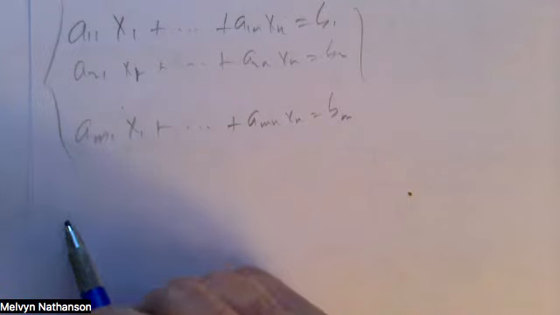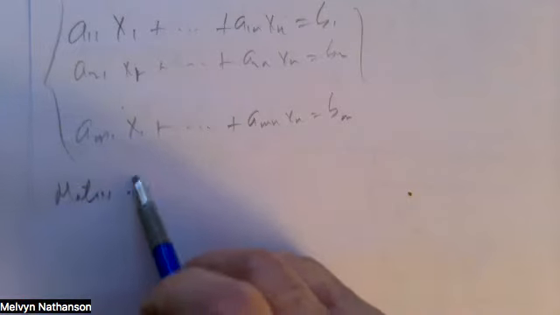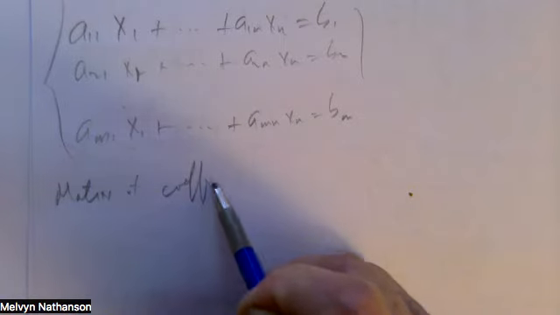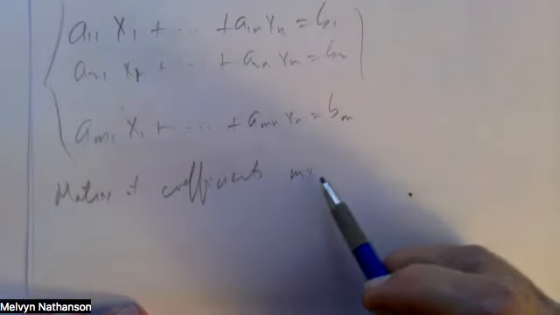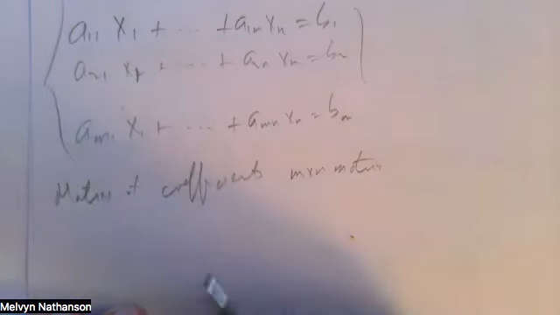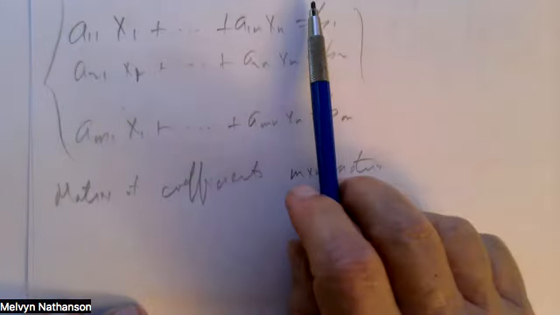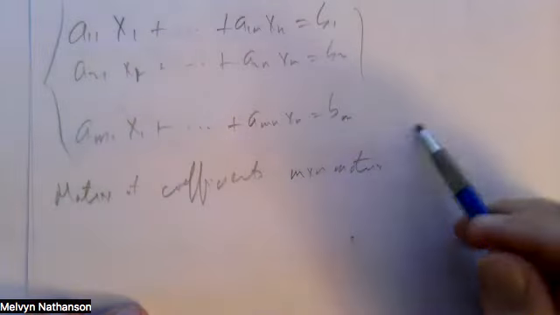So the matrix of coefficients of this system of equations is an m by n matrix that you get, forget the b's for the moment, you look at the coefficients of the variables.